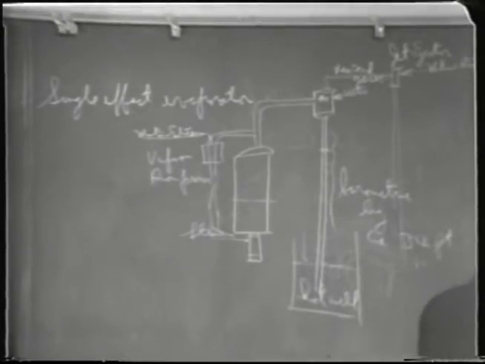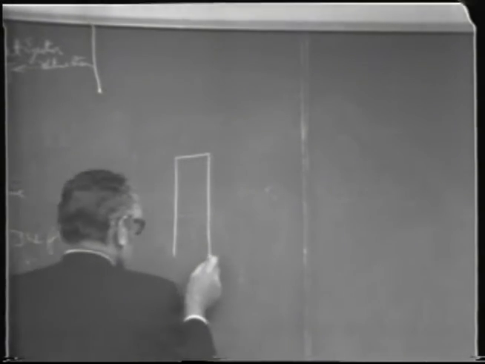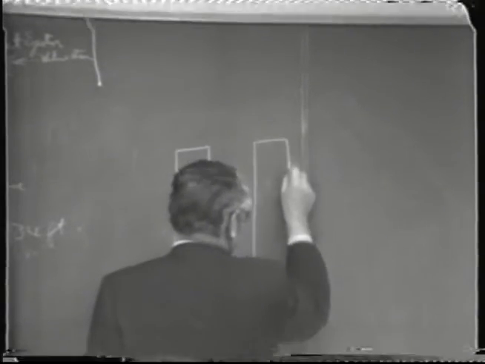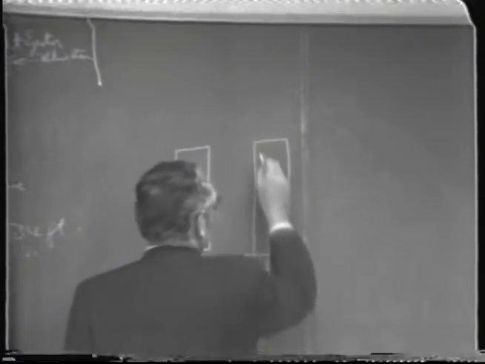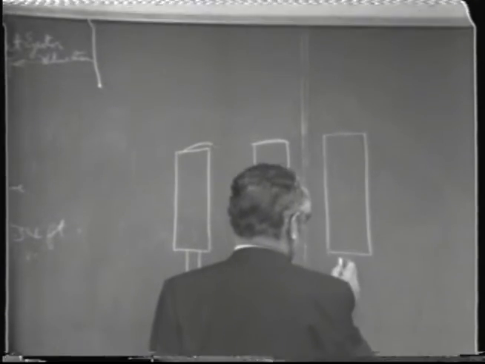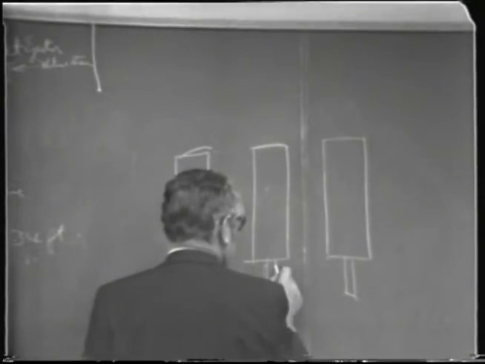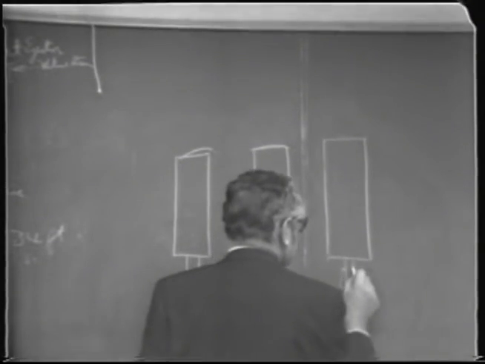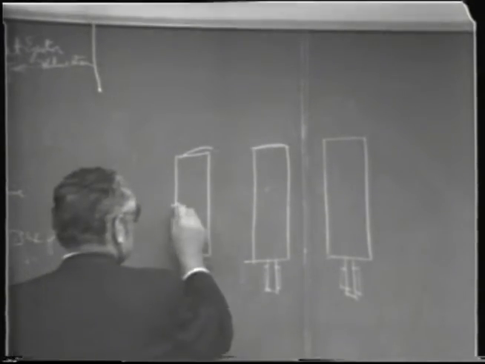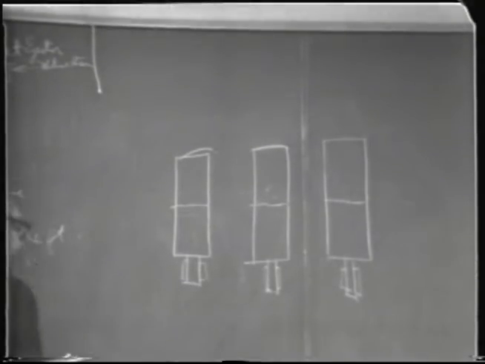Now, if we had a multiple effect system, and I'll just do that very, very crudely, let's say here represents a triple effect evaporator. And these are the steam chests down at the bottom here, illustrated like so.